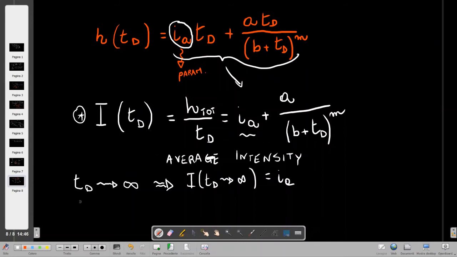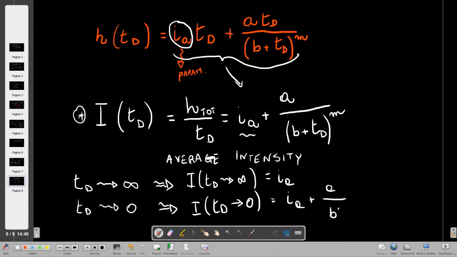When the event duration is very small, in this case, the average intensity is this one, as Td is small if compared to B. Then also this term is a kind of measure of the increase of the average intensity when short rainfall events occur.